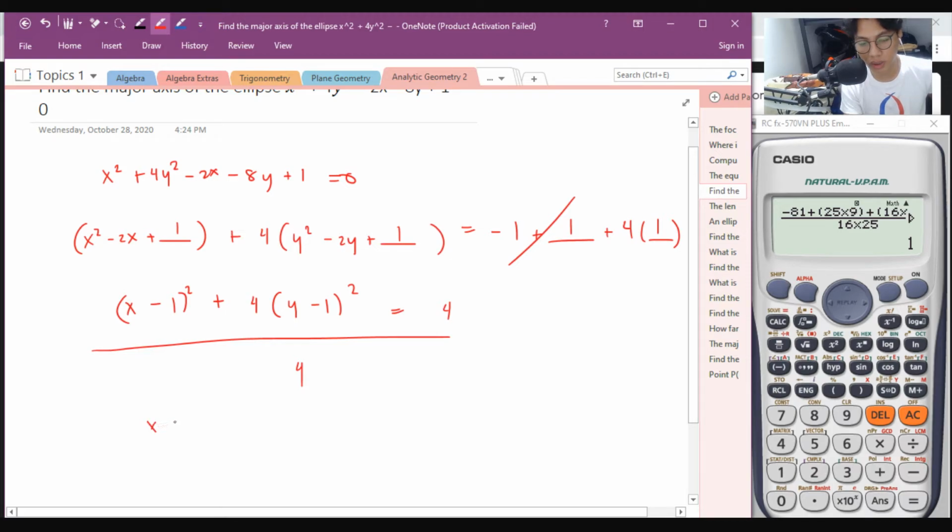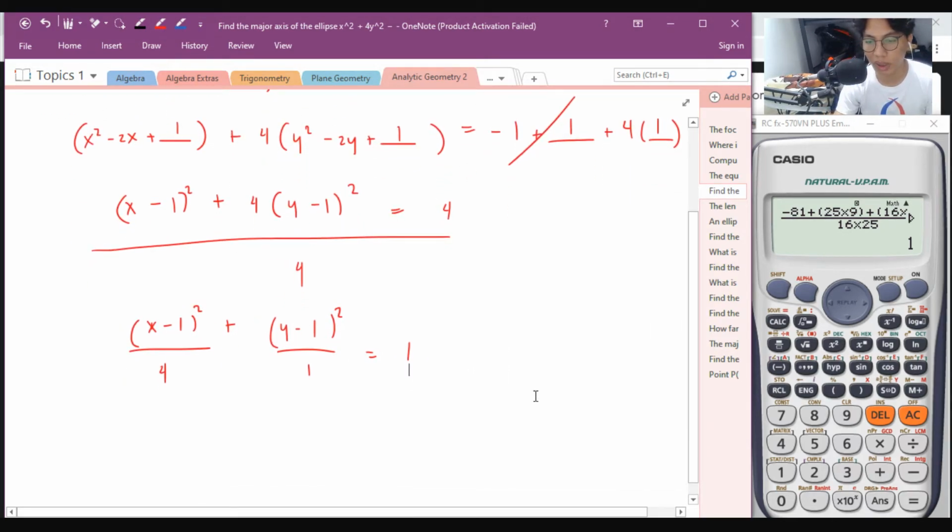The equation is (x minus 1) squared over 4 plus (y minus 1) squared over 1 equal to 1. What is he looking for? The major axis.